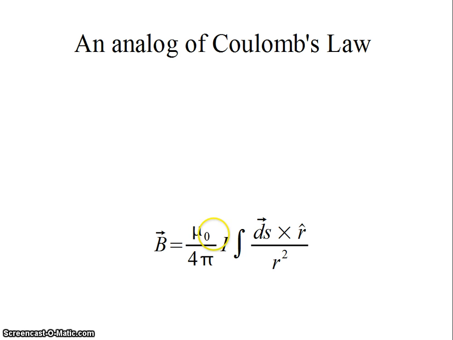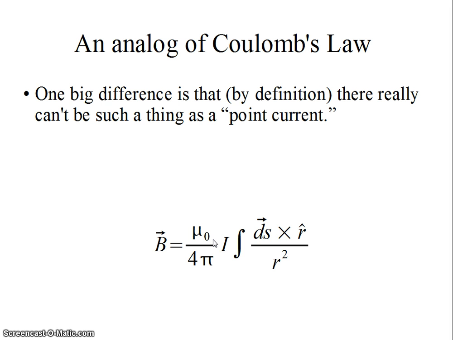Here I've got magnetic field, and I've got one current. I've got constants of nature, and I've got an integral. Because with charge, you can have a point charge. But the definition of current involves motion, so you really can't just have one point. You always have to integrate. You can't have a point current.